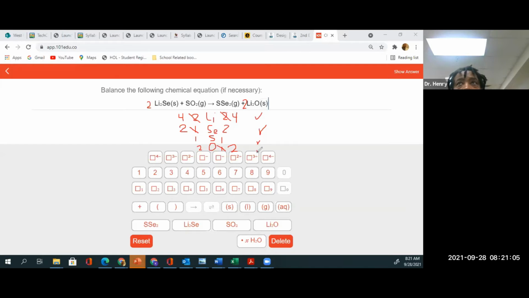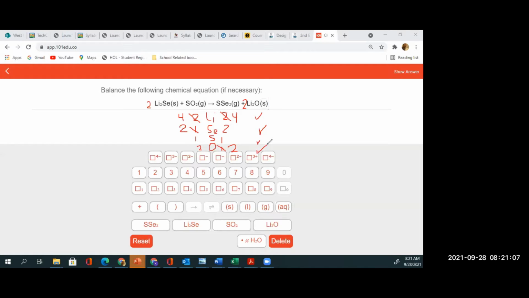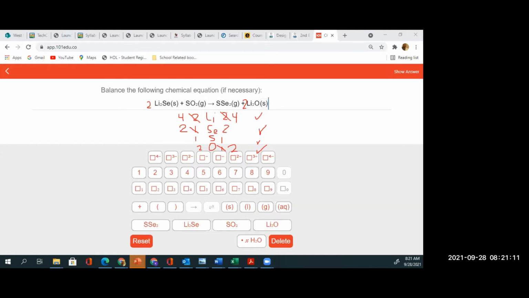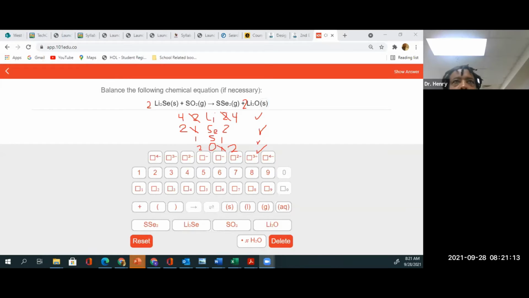Everybody's happy? Yes. Okay, and so the way I would do this, now I can use Chem 101. So I take my 2 and put it in front of here. So I put a 2 here, and I put a 2 here.